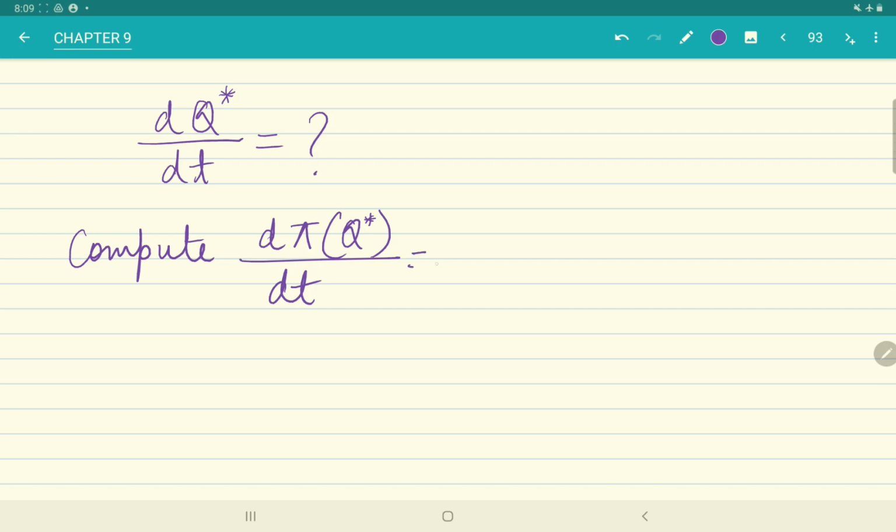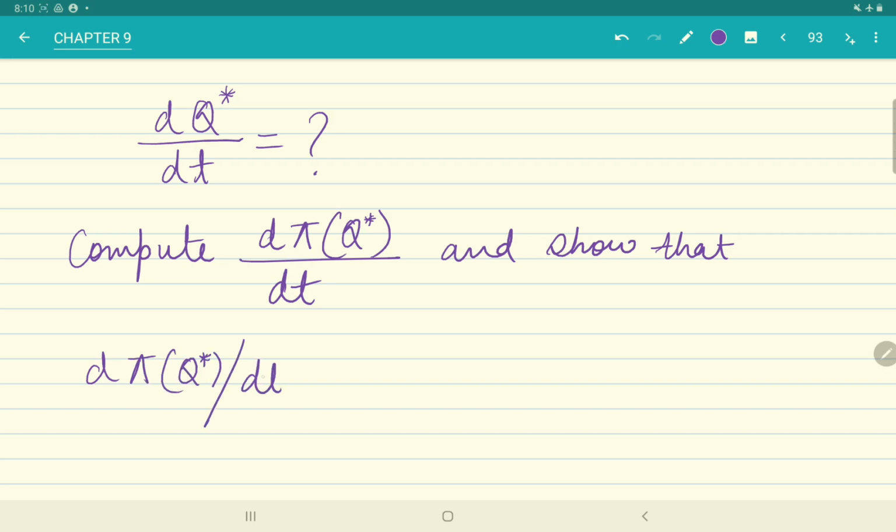Basically we have to find the derivative with respect to T of the optimal value of the profit function. Pi Q star is the optimal value of the profit function. We have to differentiate that with respect to T and see what we get. In fact, we have to show that d pi Q star by dT is equal to minus Q star. So that's the question we have.